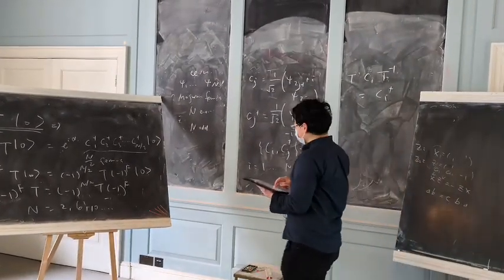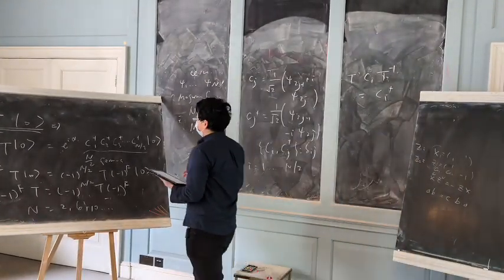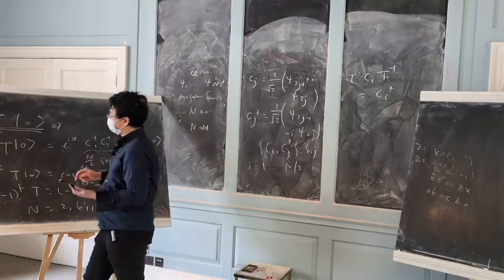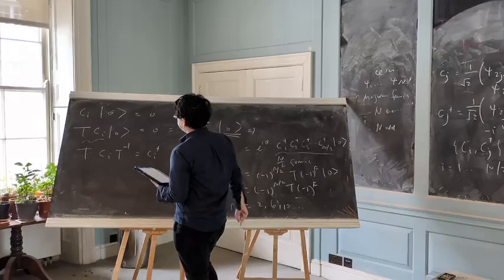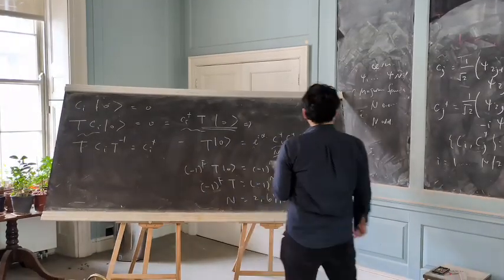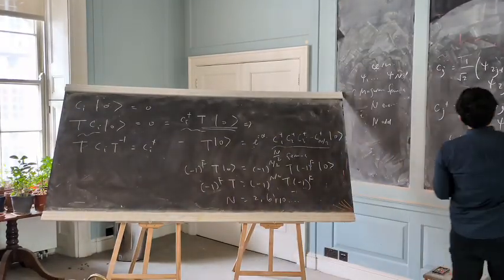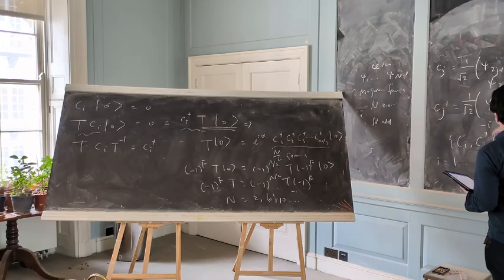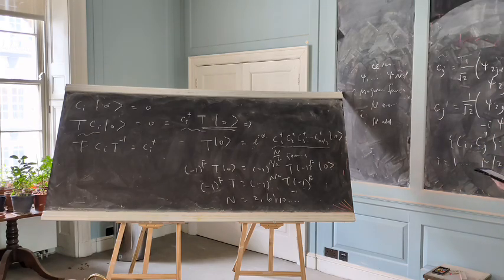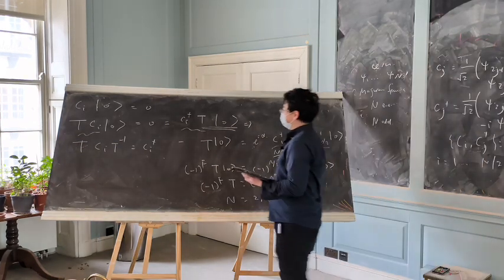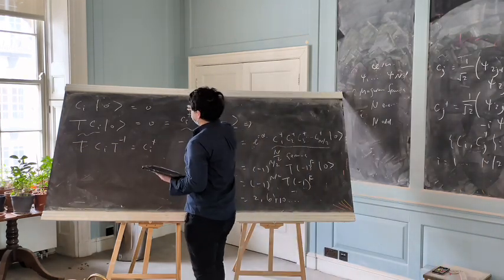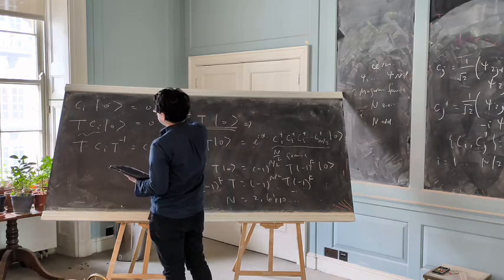And you can build the Hilbert space starting from the zero state, which is annihilated by all the annihilation operators C_i. Recall that C_i is related to the Majorana fermions in this way: it's a combination of a pair of Majorana fermions with a factor of i. And starting from the zero state, you can build up all the other states in the Hilbert space by acting with the creation operators.